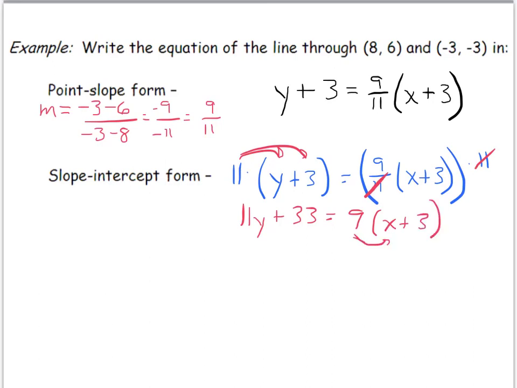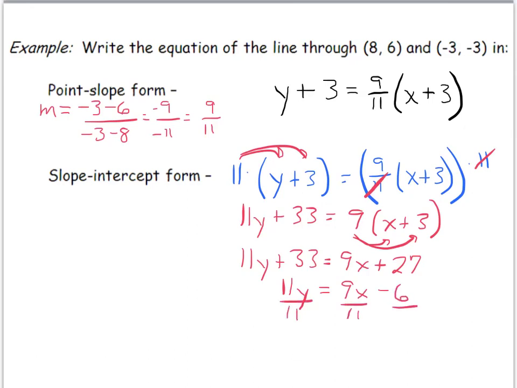Now I'm going to distribute the 9 through, and I'm going to get 11y plus 33 equals 9x plus 27. I'm going to subtract my 33 from both sides. So I get 11y equals 9x, and this will be a minus 6. And then we'll go ahead and divide by 11 then. So when we divide by 11, I get y equals 9/11 x minus 6/11.